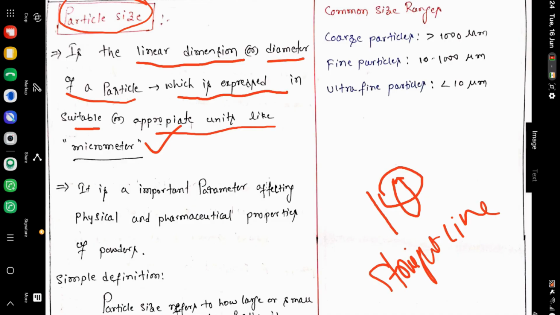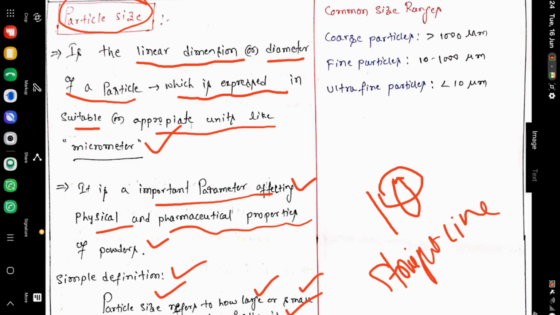It is an important parameter which affects the physical as well as pharmaceutical properties of the powders. In the simple definition, we can say particle size refers to how large or how small the particle is.